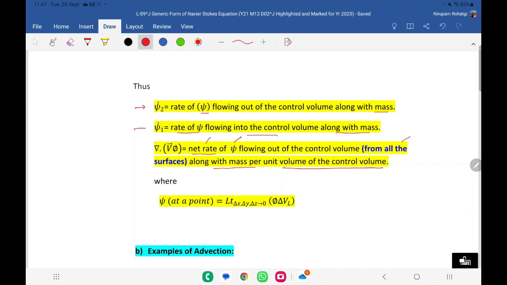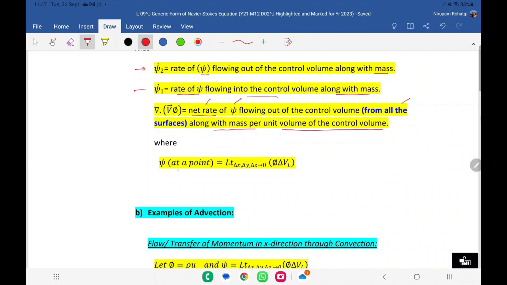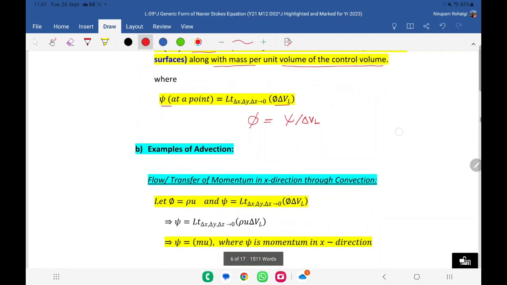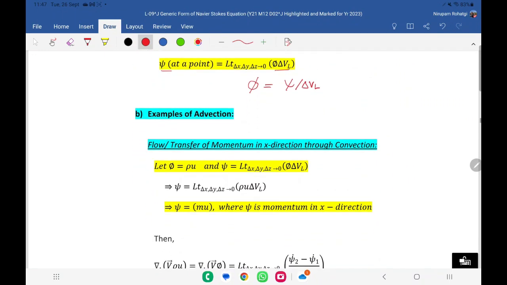So what we can say, where psi is nothing but this, or you can say phi is nothing but psi divided by delta V, whichever way you feel like writing it. Now we take the examples of advection.